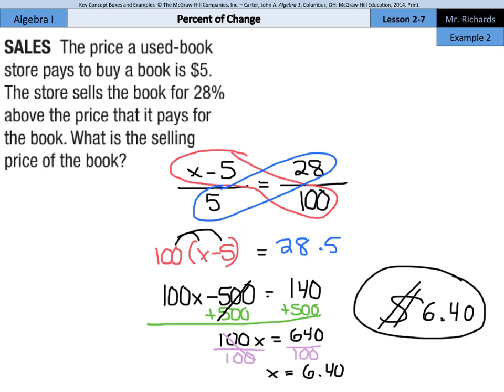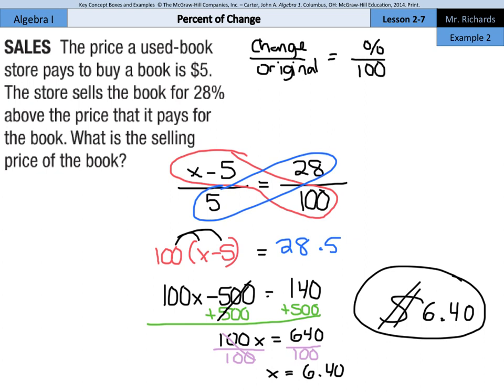So in setting this up, remember, we have our change over original equals our percent over 100.